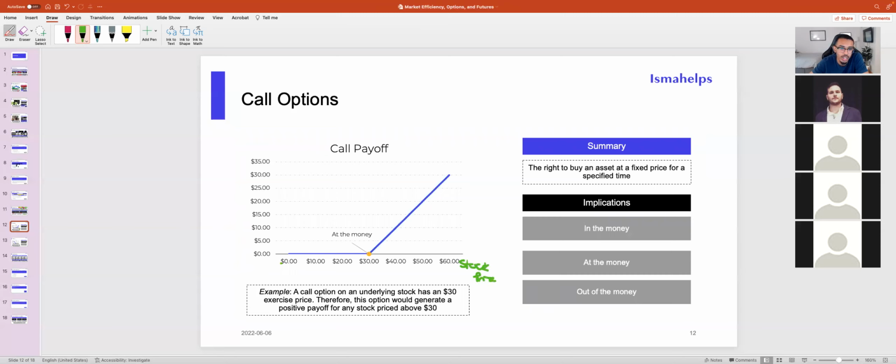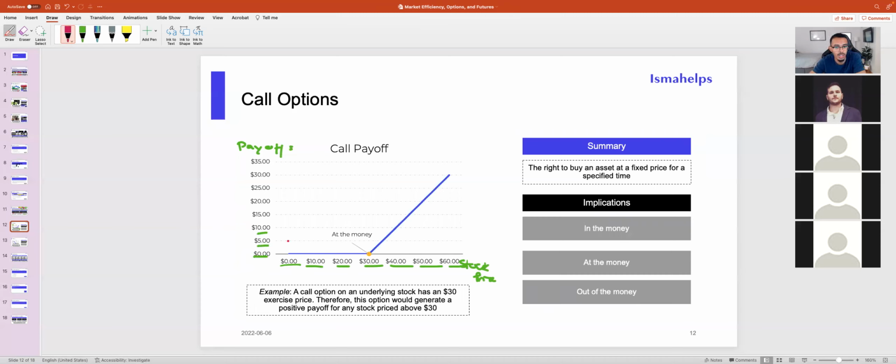So we're moving along the line of $0, $10, 20, 30, 40, 50, and 60. All of these are going to be our stock prices. Now on our vertical axis, we have our payoffs, and essentially, you can have $0, $5, etc.